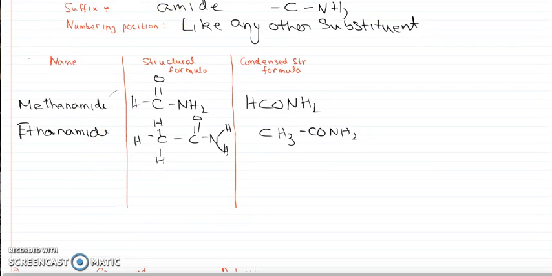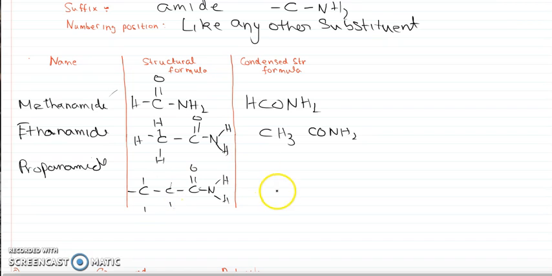And finally, propanamide, which would be just CH3CH2, C double bond O, NH2. It would be CH3CH2CONH2. Done.